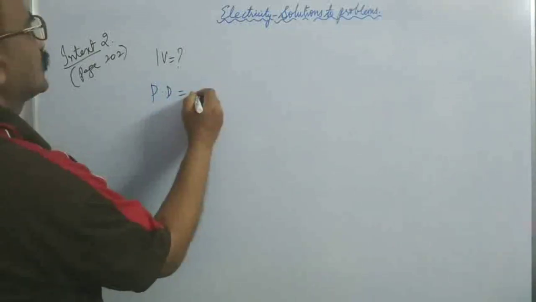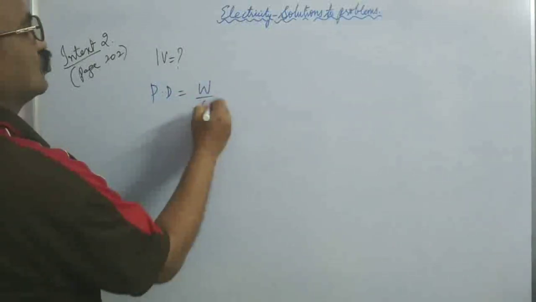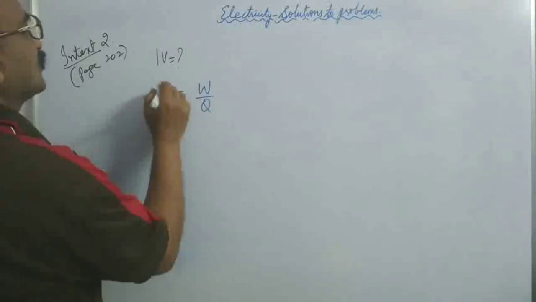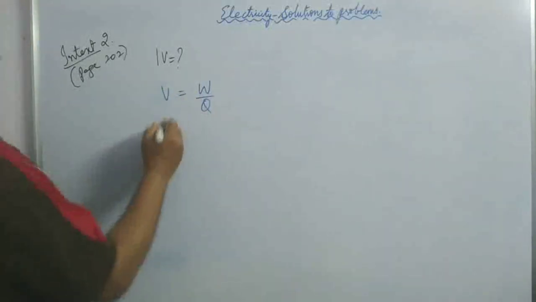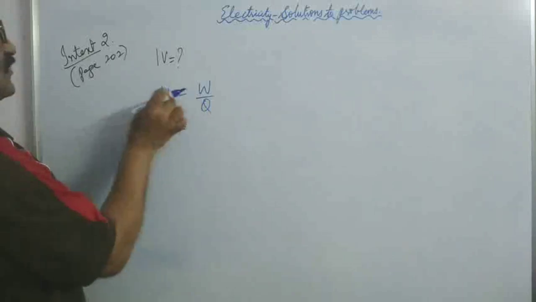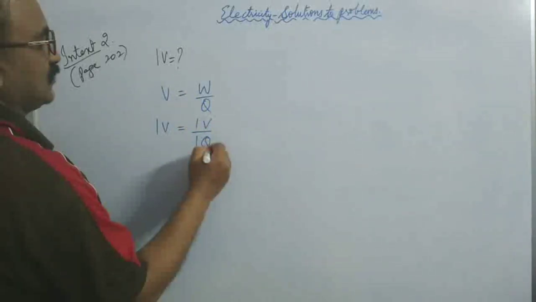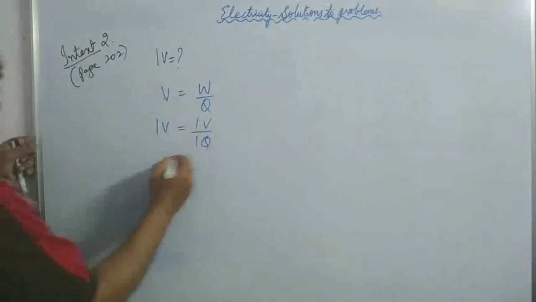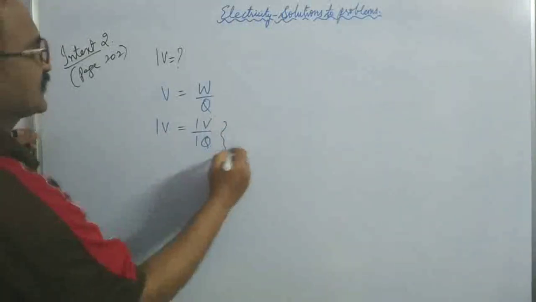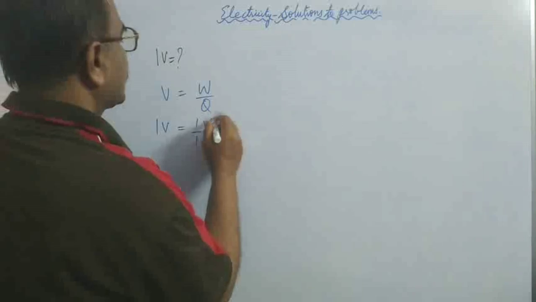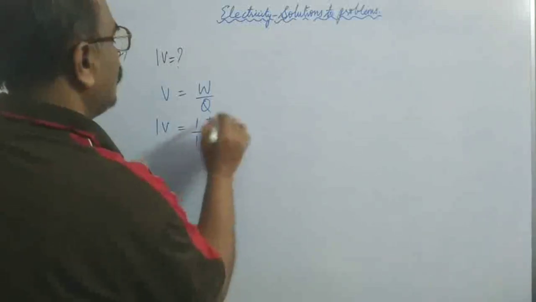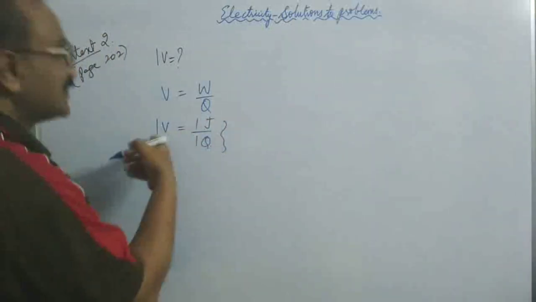PD is equal to W by Q, so V equals W by Q. If it is 1 volt, then this has to be 1 and that has to be 1. So the meaning of this is 1 joule and 1 coulomb.